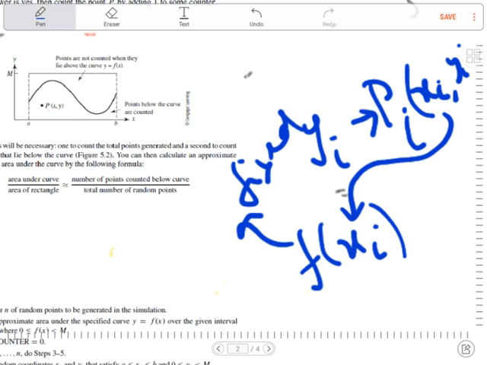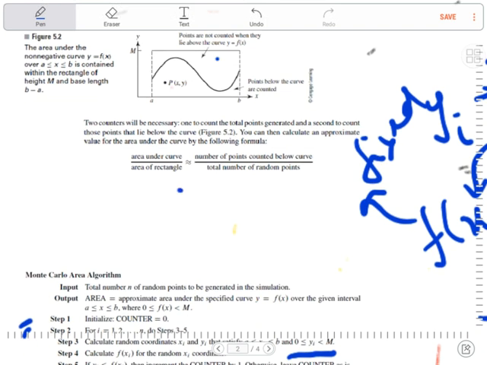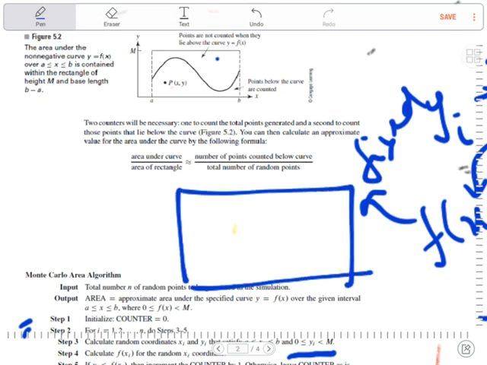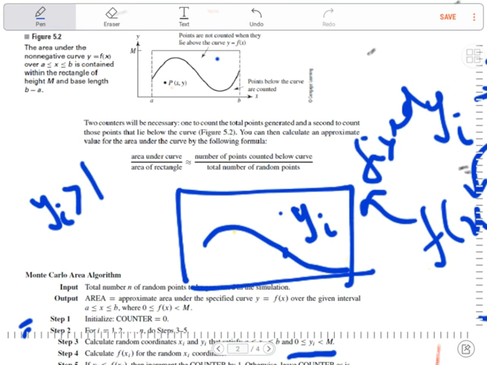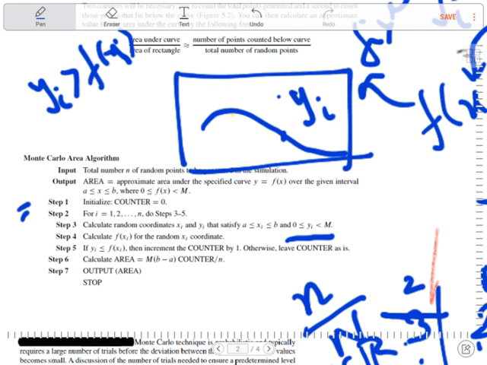Now what we are supposed to see is whether yi is above or below the curve. Let me show it separately. Suppose this is your yi and this is your f of xi. Then yi greater than f of xi means your yi is lying above the curve, that means it is not contributing to the area inside the curve. So it should not be counted in the counter increment.